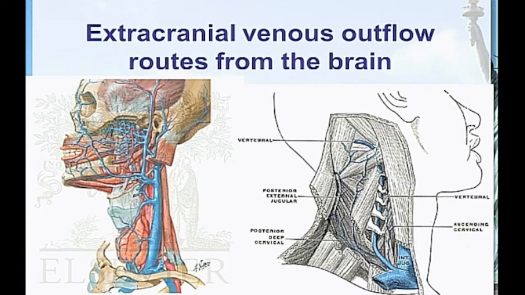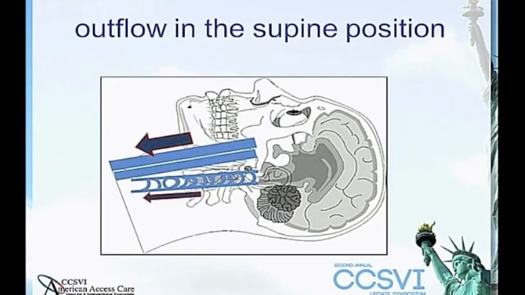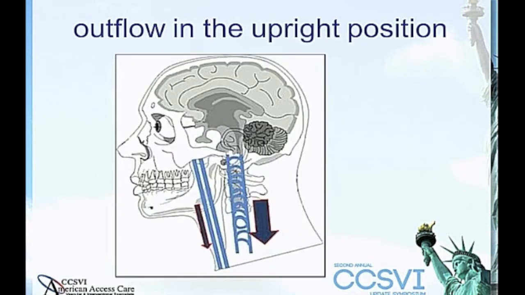Going back to the physiology, as Professor Beggs has already presented, blood flows out of the brain mostly to the internal jugular veins and vertebral veins system, but this outflow route changes dramatically depending on the body posture. In the supine position, blood outflows mostly via internal jugular veins, while in the upright position, mostly via vertebral veins.